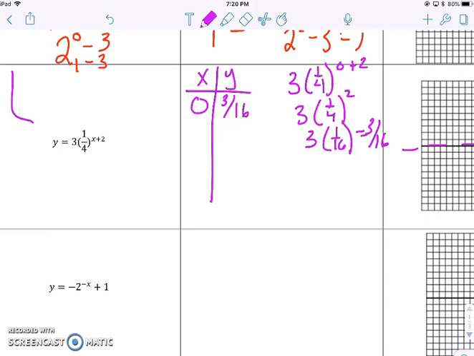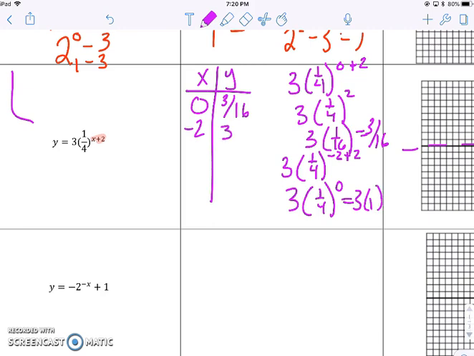Let's see, well, when I look at this exponent, I like to make that 0 at one point. So let's put in -2. So 3 times 1/4 to the -2 plus 2. So 3 times 1/4 to the 0 power. So that's just 3 times 1. So that's 3. I don't know, maybe I'll put in a 1. So 3 times 1/4 to the 1 plus 2.